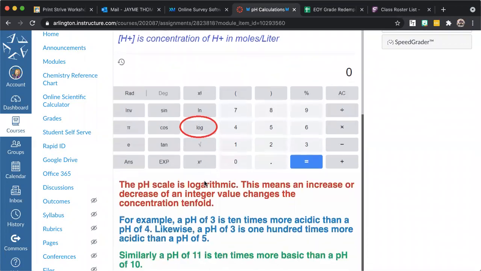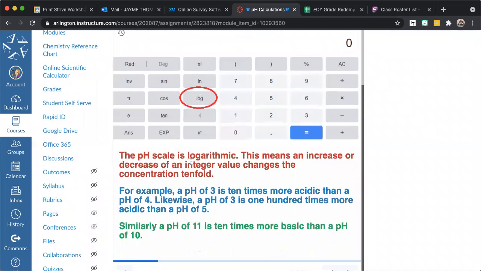One thing I want to point out is that the pH scale is logarithmic. What that means is that if we increase or decrease the pH by one integer, that changes the concentration of hydrogen ions tenfold, times 10.